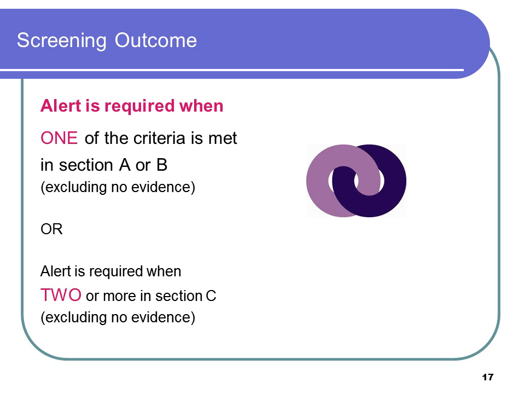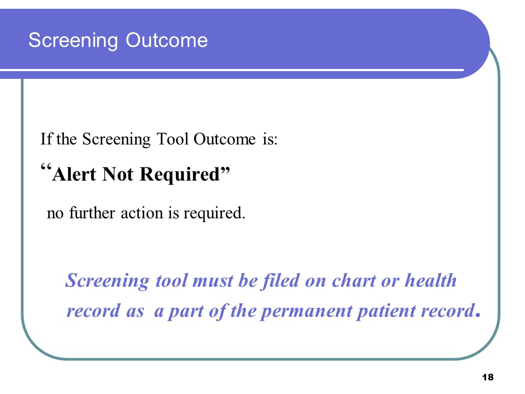It's always going to depend on the individual and the situation overall. If the screening tool outcome is alert not required, no further action. The screening tool must be filed on the resident's chart or health record as a part of the permanent patient record.